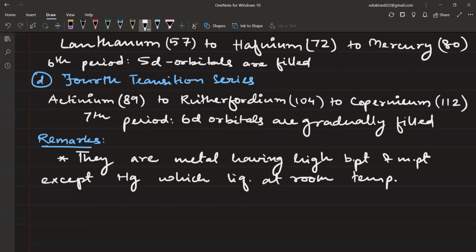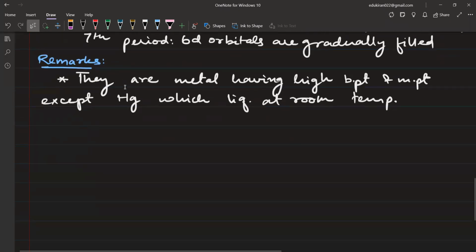Okay. So all of these are metal except mercury. Similarly, if you see at room temperature in the p block elements, bromine is the one which is liquid. Everything else is either gas or solid. Okay. So we have bromine and mercury, which are liquid at room temperature. Otherwise, everything is either solid or a gas.